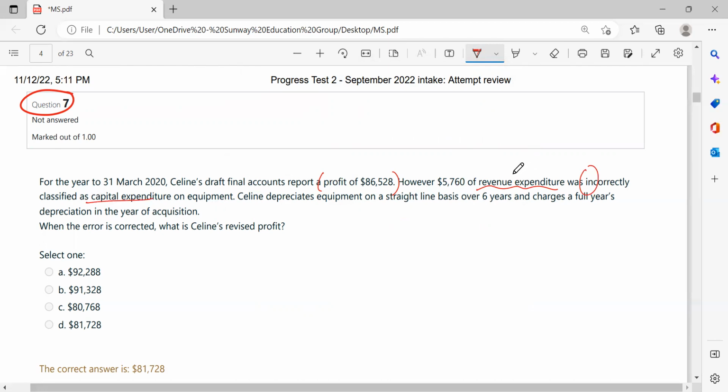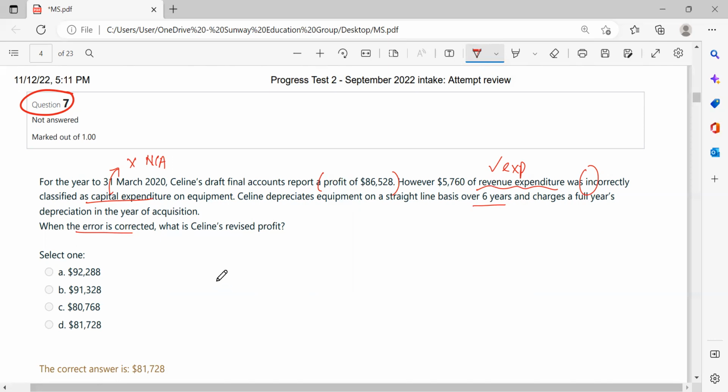So by right, it should be revenue expenditure. Revenue expenditure means expense. But it was recorded wrongly as capital expenditure, meaning non-current asset. Celine depreciates equipment on a straight line basis over 6 years and charges a full year's depreciation in the year of acquisition. When the error is corrected, what is Celine's revised profit?